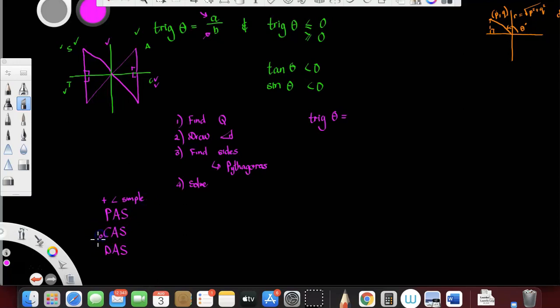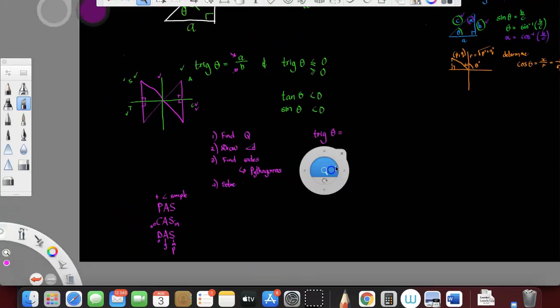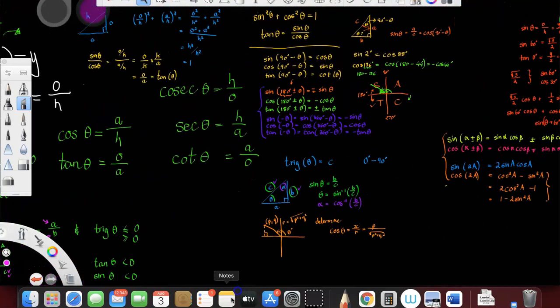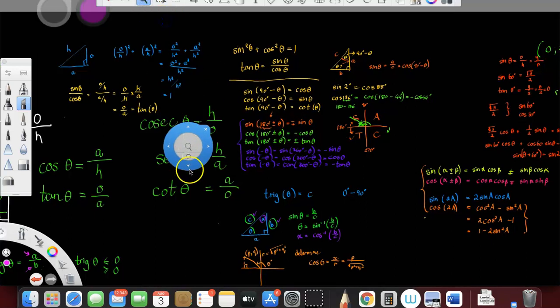CAS is cos and sine. And DAS is do algebraic simplification. So it is an expression where you would end up having to apply these things: using fundamental identities, using the co-ratios, the reduction formulas, and then using algebra and putting all of these things together to simplify an expression.